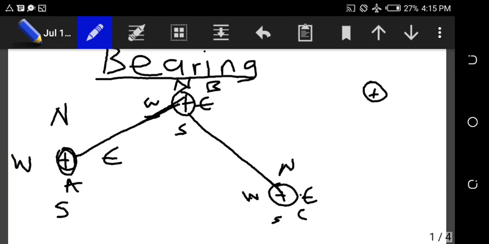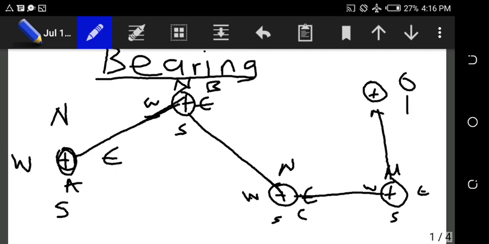Then at point C, the person moved like this, came to this point, also having north, east, west, and south. And then finally from here, the person moved up and then arrived. So we have a series of movements.